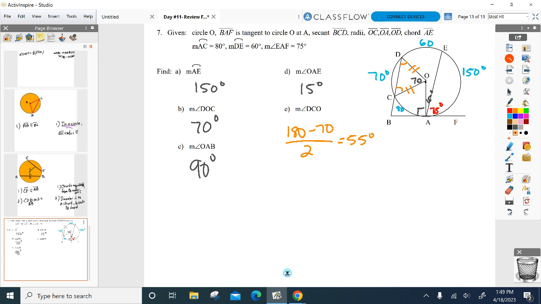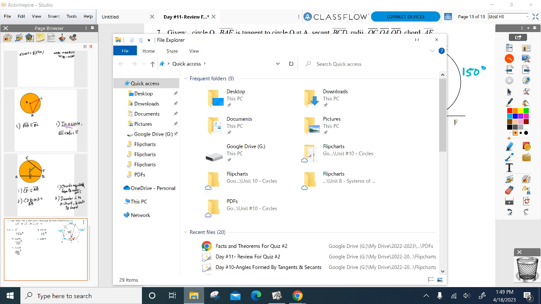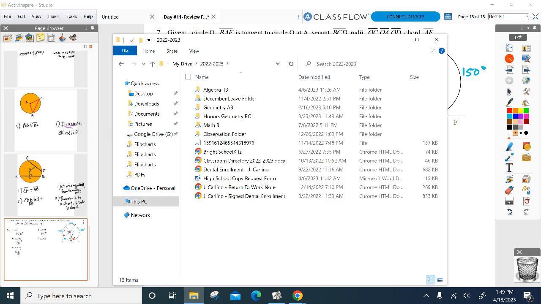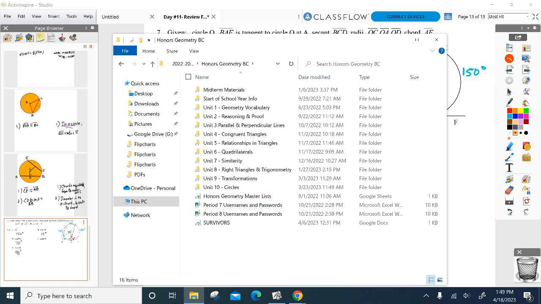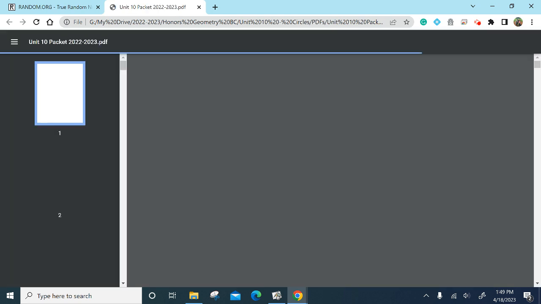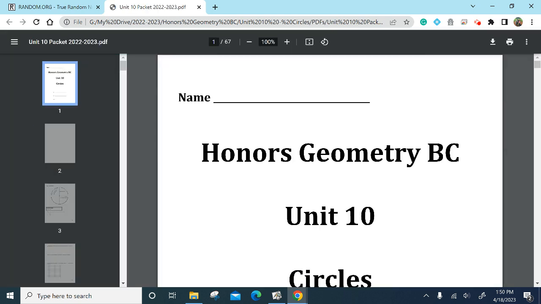What's up, Brody? What do I need to find? The hole there? Yeah, sure. Let's find out what you have to find there. Measure angle B. PDF circle packet. What page you on there? We're on 40. I can't see that.